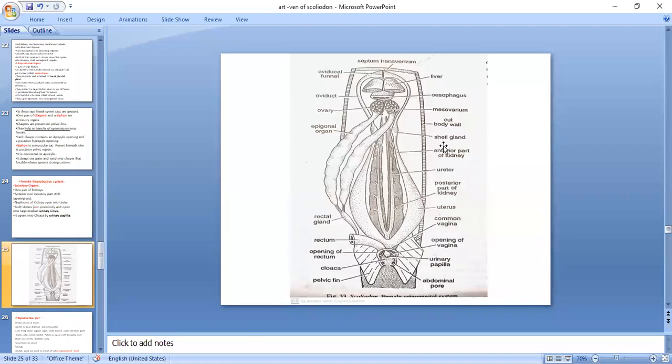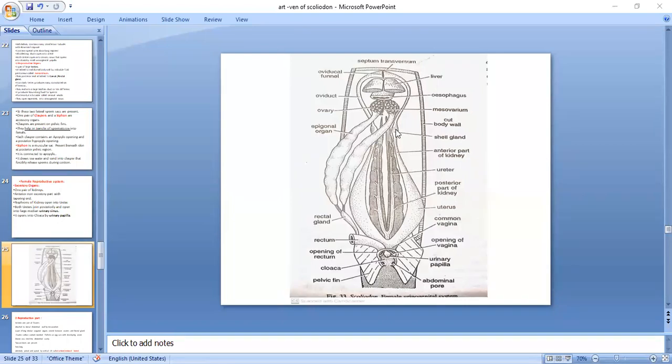It secretes a membrane surrounding the eggs. So that is the shell gland, and the fertilization takes place between the shell gland and the oviducal funnel.